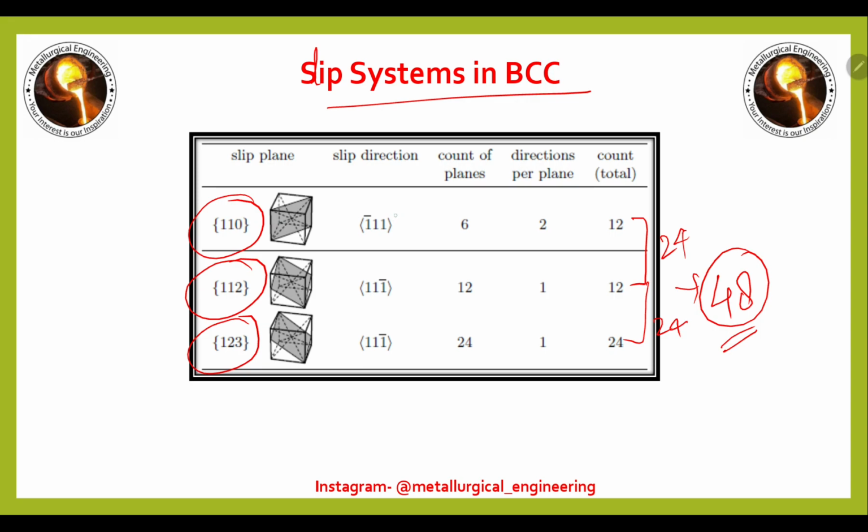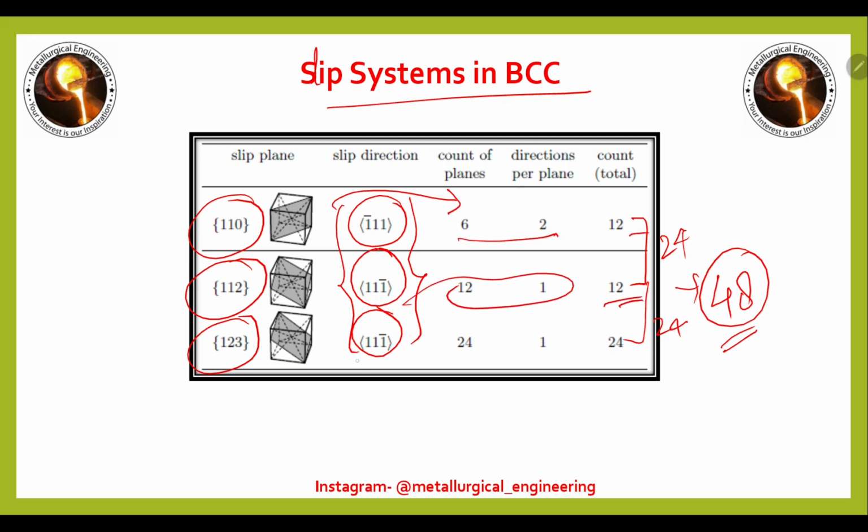The corresponding directions are 111, the most dense direction, but the family of 111 directions differs with each plane, so it makes a combination of 12, and this also makes 24, giving you a total of 48 slip systems.